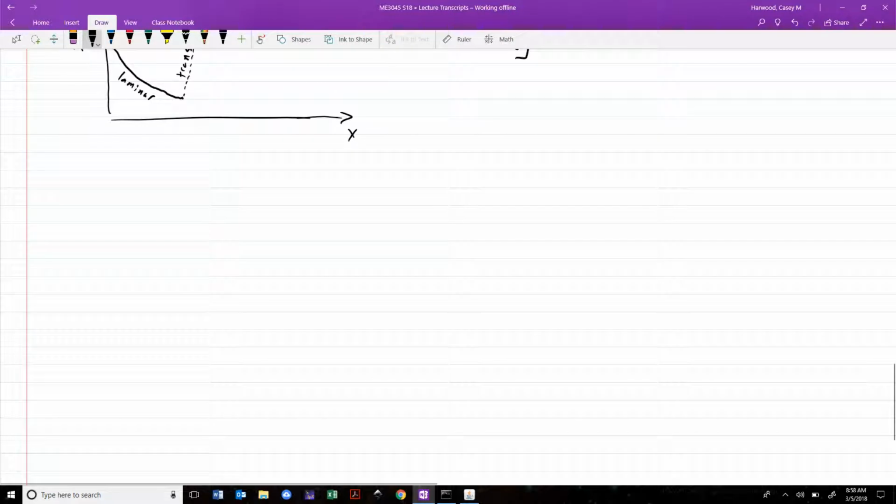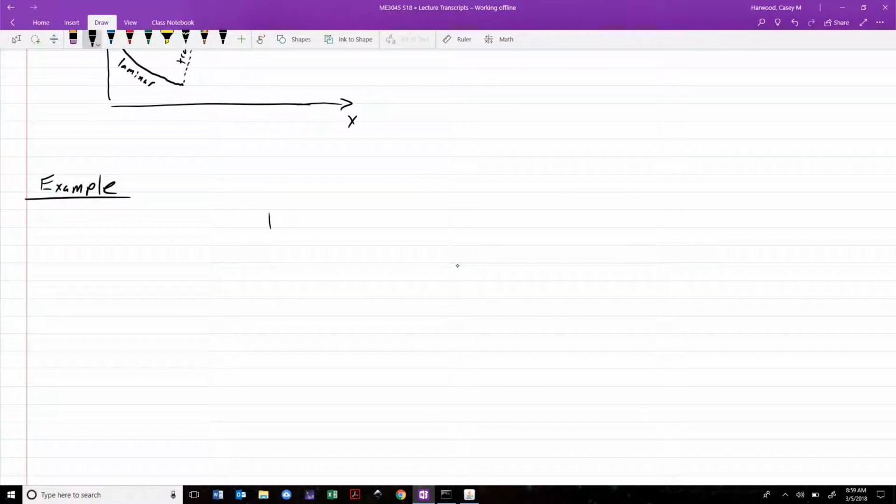So let's illustrate this with another example. We're going to be doing a lot of flat plate problems, just so you're forewarned. This is another one. Consider flow past a flat plate.